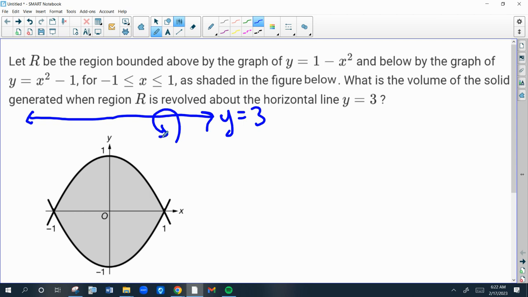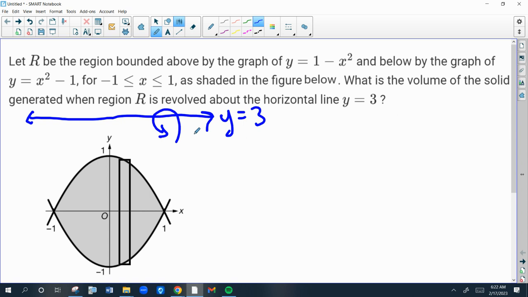So it's going to be a pretty simple question, I hope. We're going to use the washer method. So we're going to draw our rectangle perpendicular to this axis of revolution right there. Now we can start rattling off all the information that we have.